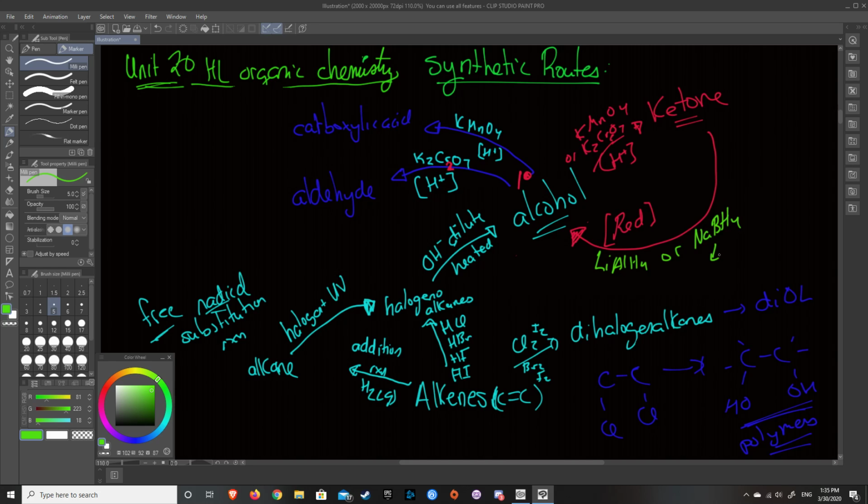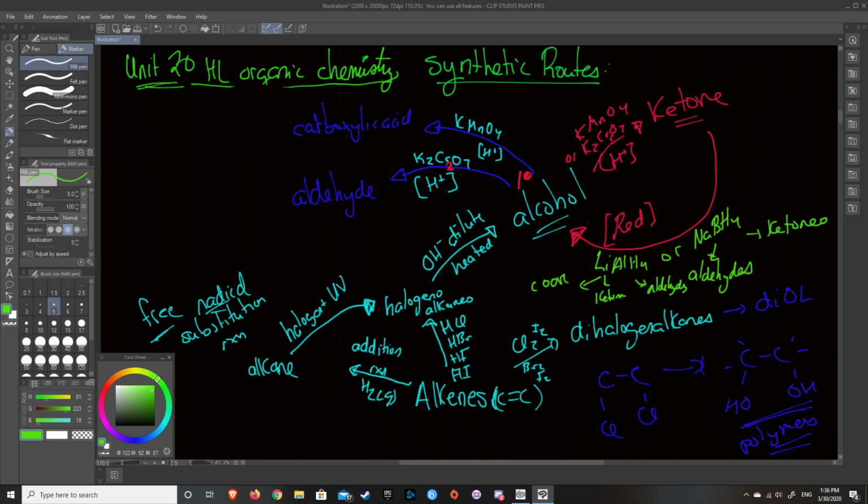And sodium borohydride only works to reduce aldehydes or ketones, whereas lithium aluminium hydride works for carboxylic acids, ketones, and aldehydes. So this one, you can use to reduce more things.